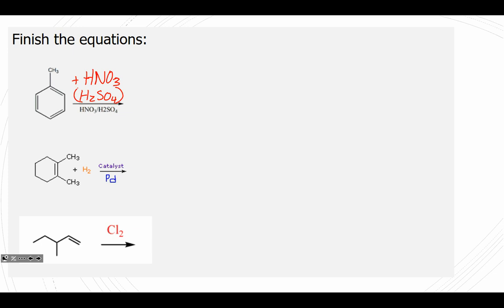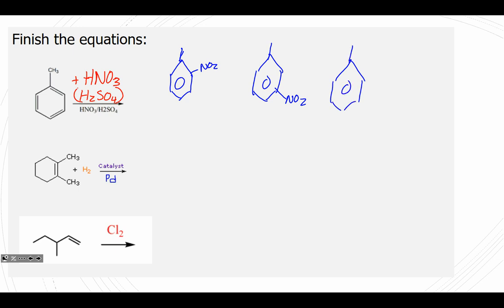When that comes on, I'm going to draw a benzene ring with a circle in it. You'll have the toluene, but then you'll have a nitro group either here, here, or here. So it can be O, M, or P. She could have any of those in the answer key, and that would be correct.